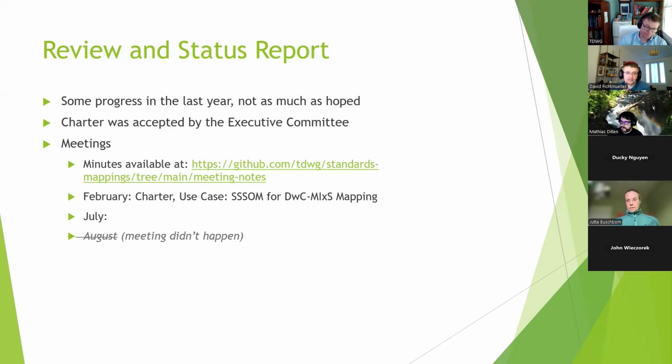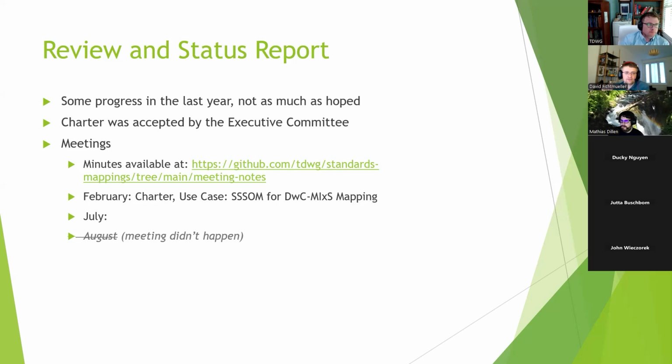We had the meeting in February, and then another one in July. And I just noticed I forgot to write down the points that we did in July. But yeah, on the GitHub pages there is a folder for the meeting notes. So all of the minutes are there in Markdown files.